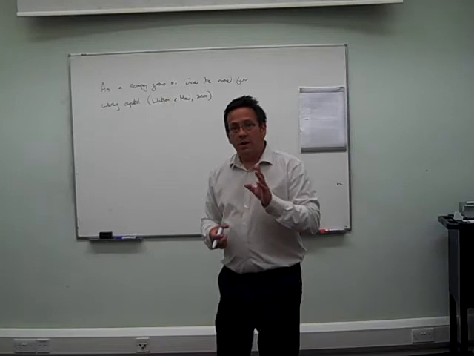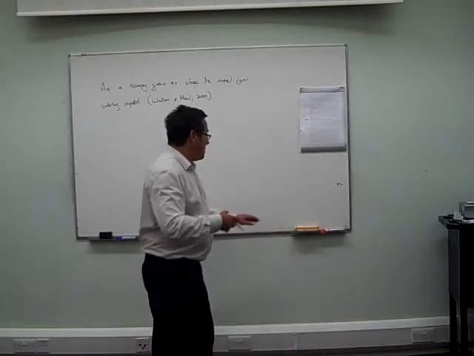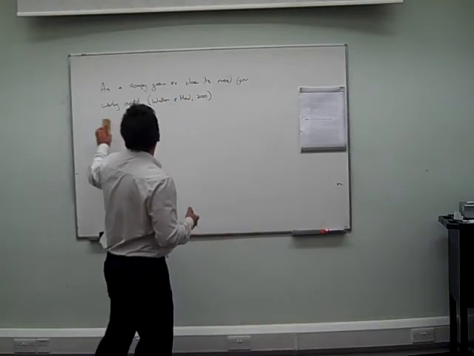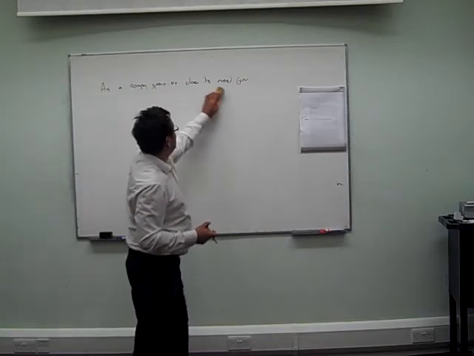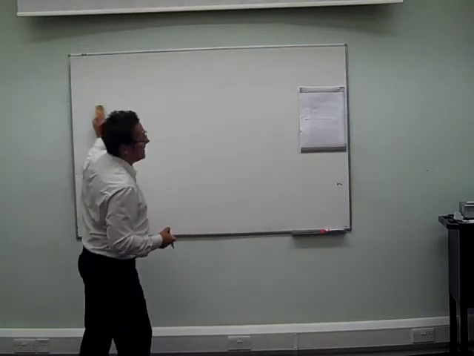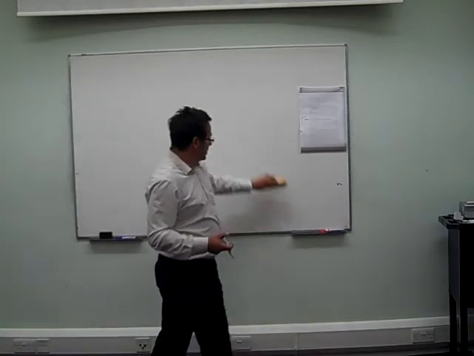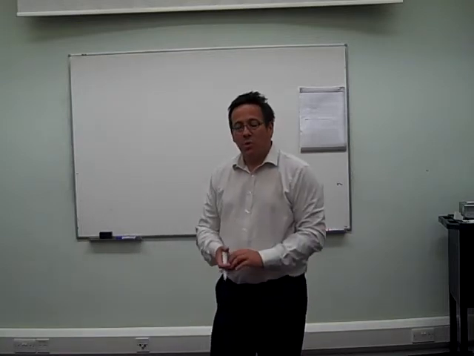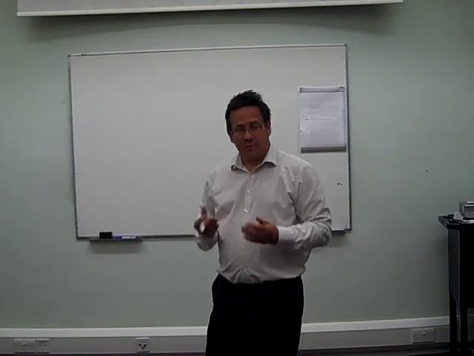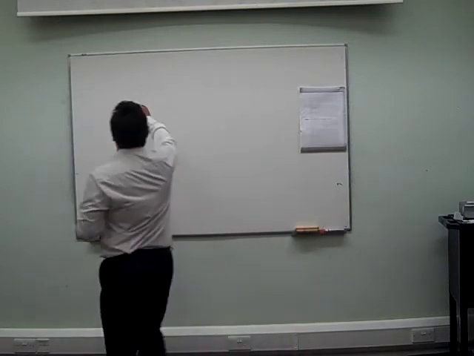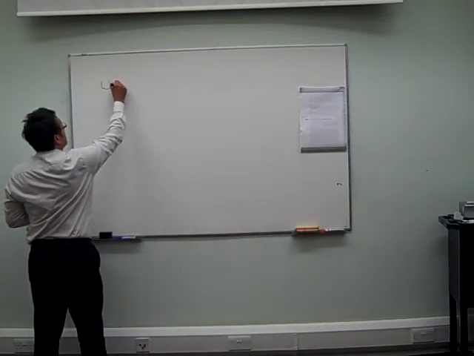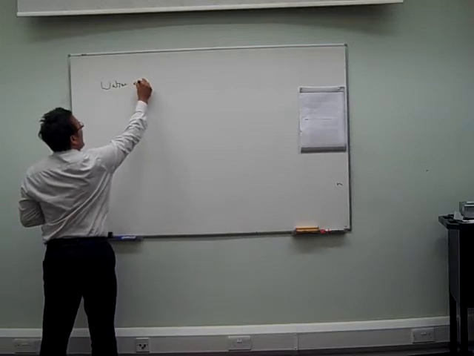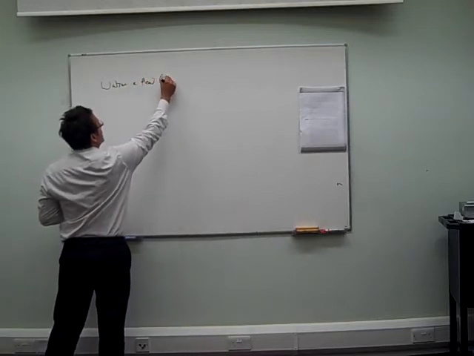The third style, and there is only three, the third style basically is to drag their name into the argument. So what we do this time, you've probably done this as children, I certainly did. When you say, my mum said, or my dad said, what you're doing is you're bringing their name in as an authority. That's aesthetic stuff. So what we do here is Watson and Head 2001.